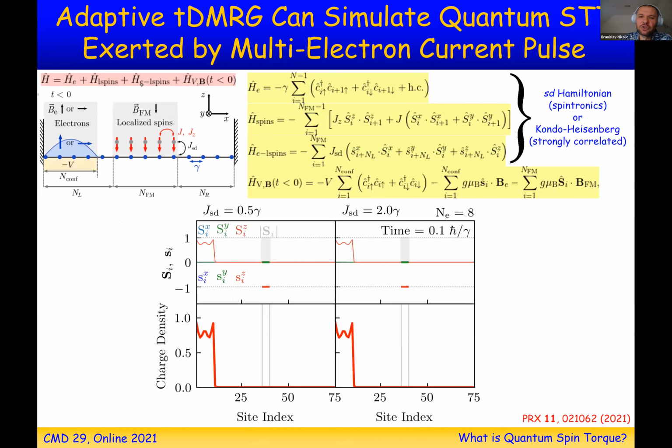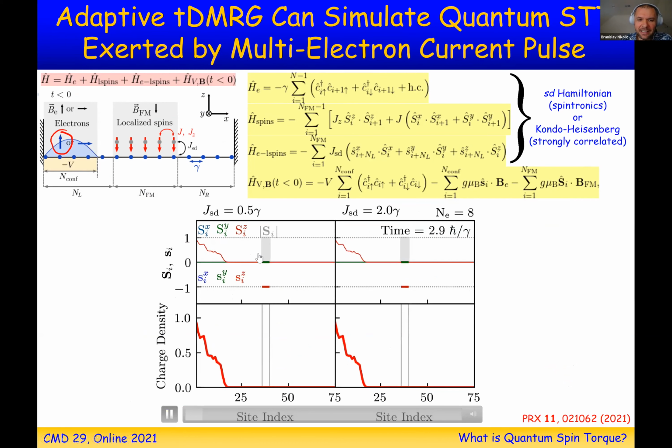That's why we are shifting to this Hubbard model physics. We set up again either up or down spin hitting these localized spins. And here is again the important part of the talk. Watch the movie. Here are the localized spins. Electrons are coming in. Once they enter this region of free magnetization, you see that localized spins are jumping from -1 toward 1.